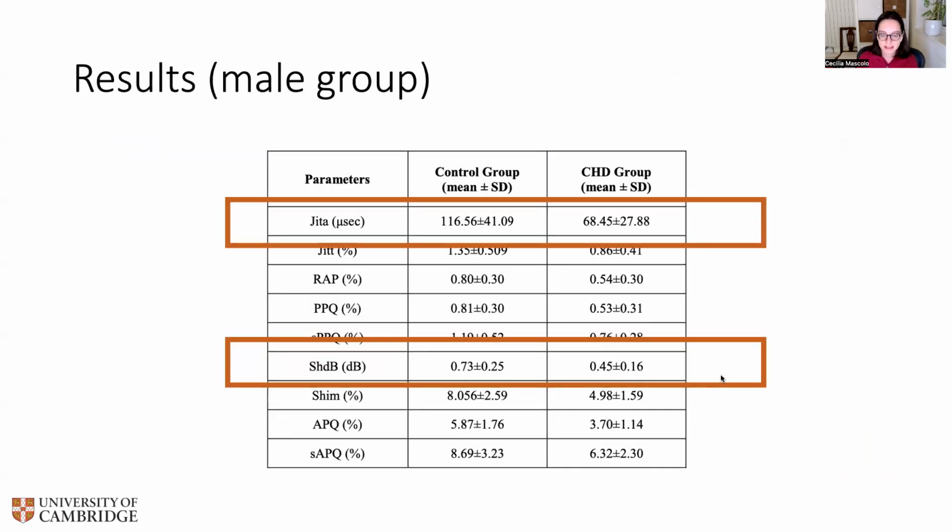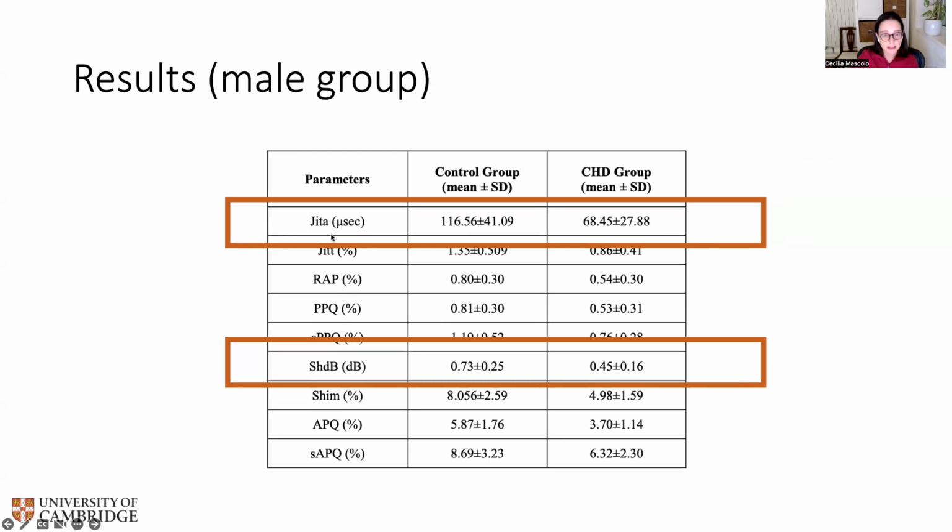And so in a study that is using this sort of data to understand the coronary heart disease distinction. So how is the voice of patients that have a coronary heart disease and healthy individuals? These are the results. On these two columns, you have the control group, so the healthy people, and here is the coronary heart disease group.